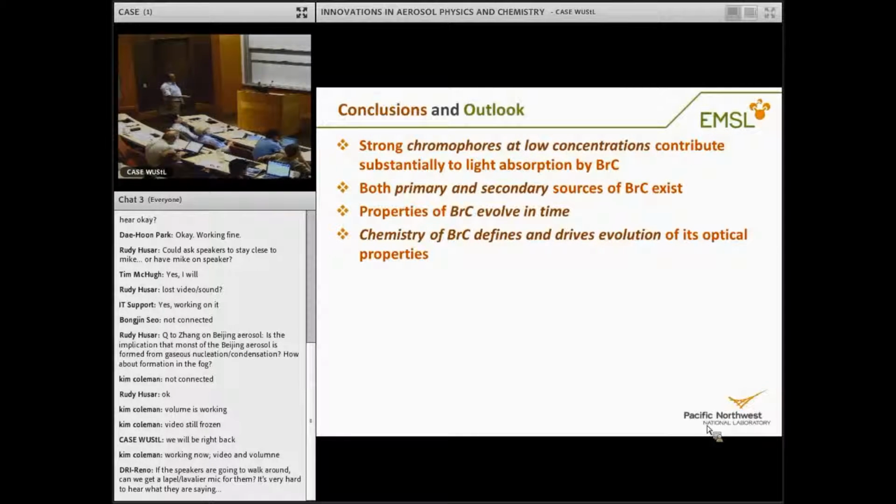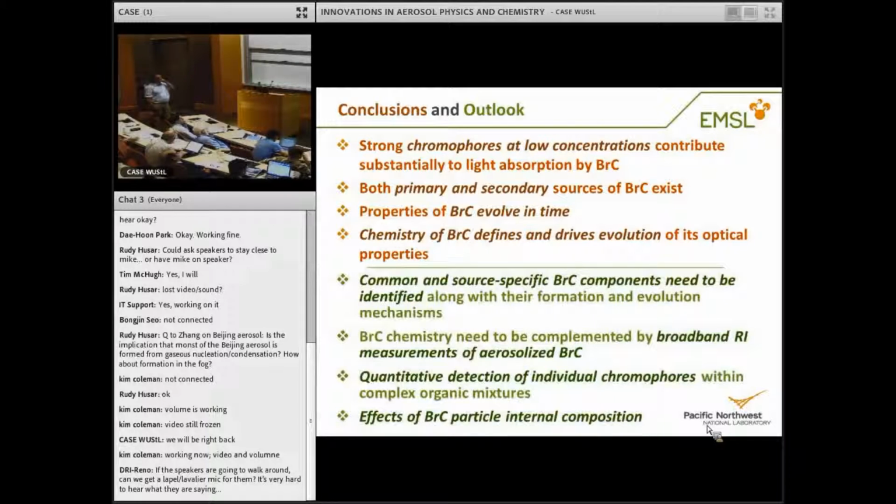And again, brown carbon is material that evolves all the time. To understand how it would behave and how its properties would evolve requires fundamental chemical knowledge. So, here are a few notes about where we go right now, with all the knowledge that we accumulated so far.